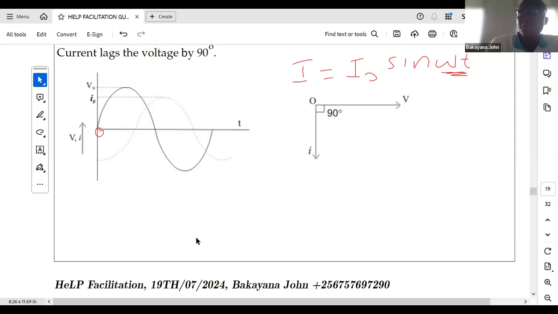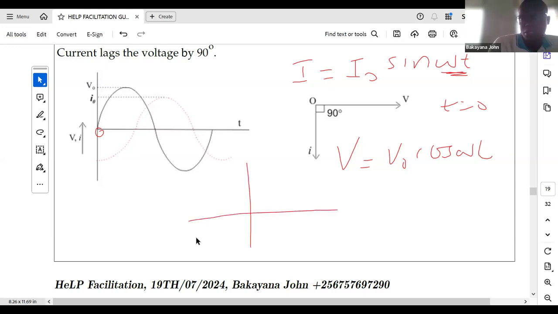So when t is equal to 0, we know that sine of 0 is 0. The V was V naught cos omega t. So this one does not necessarily start from 0.